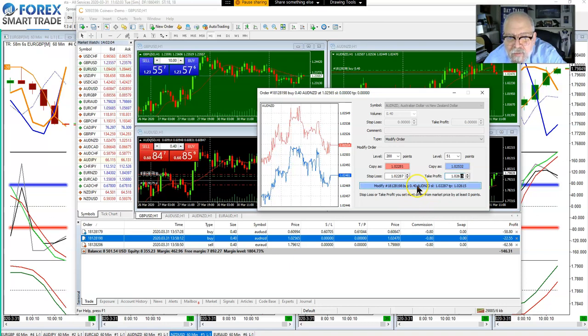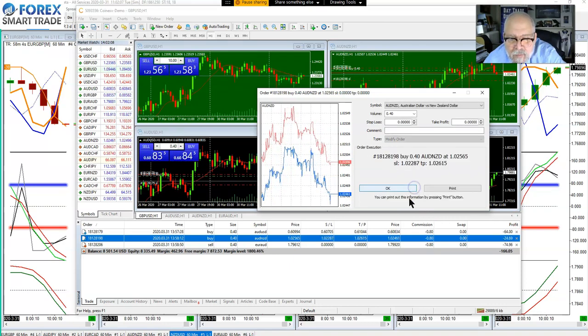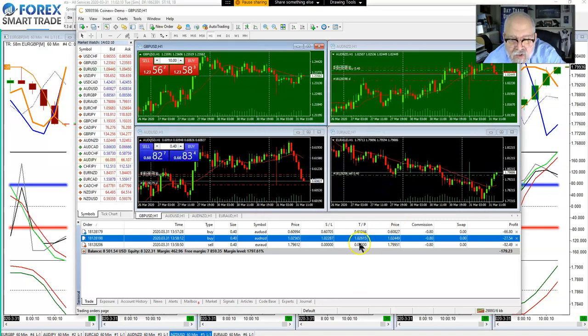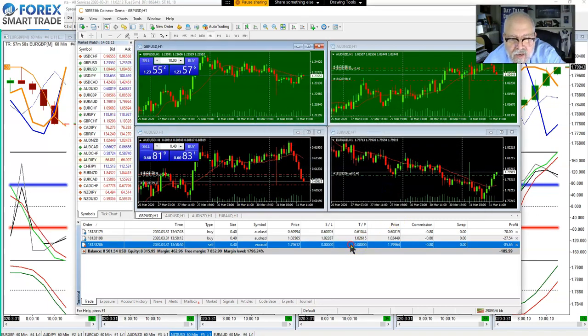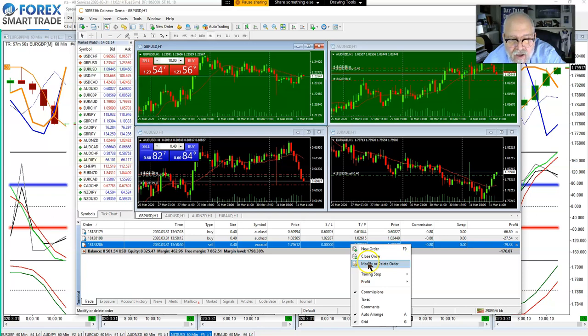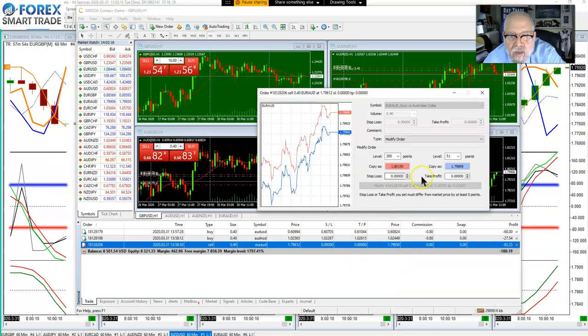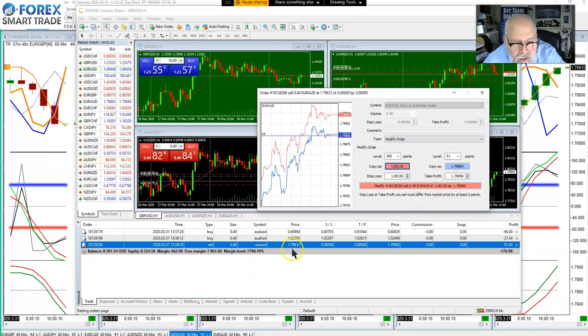I'm not as concerned about the stop loss being exact as I am about the take profit, since this is kind of such a short trade. Modify 51, and I got in at 1.79612, so I'm going to go to 66.